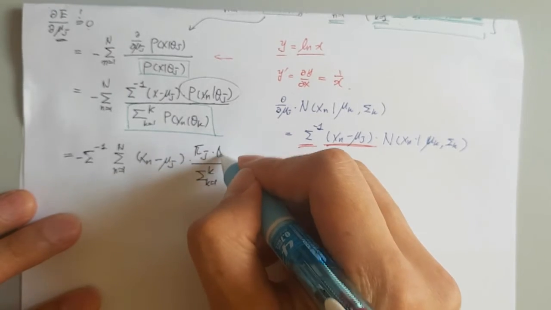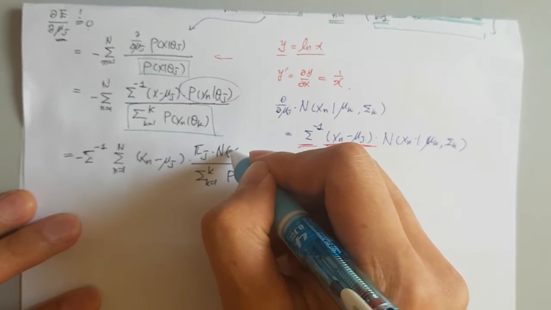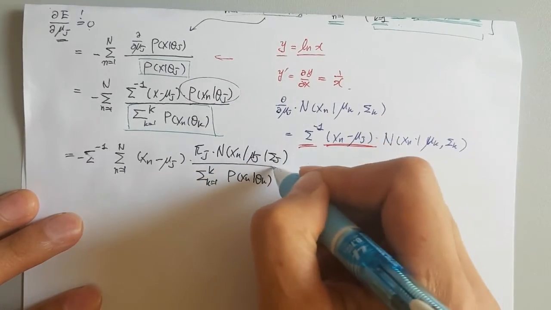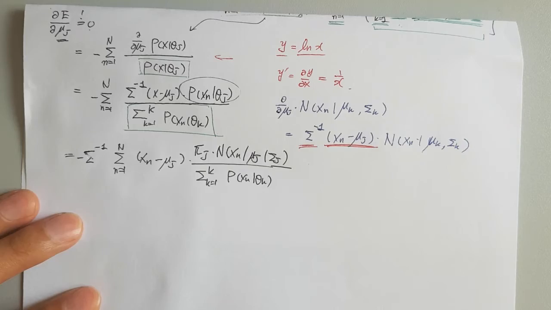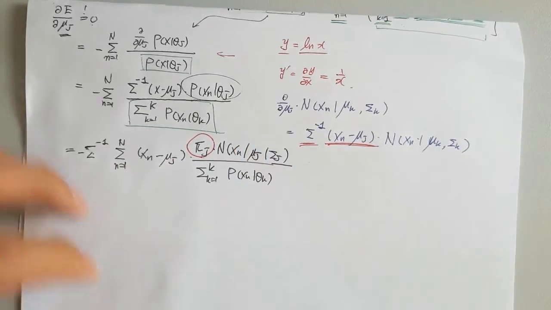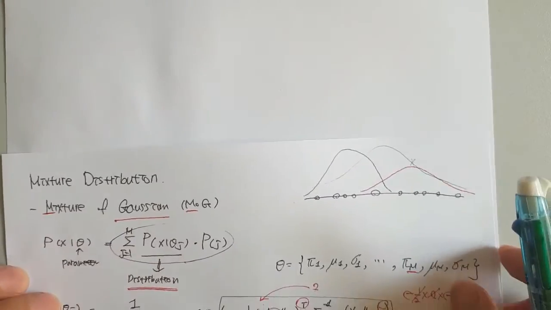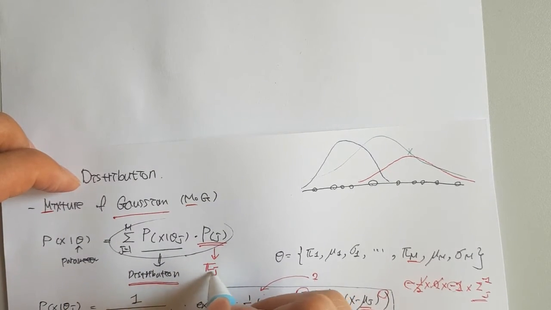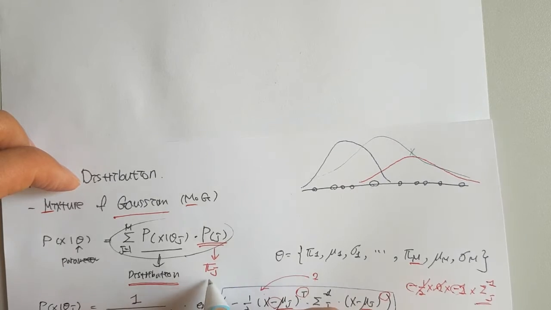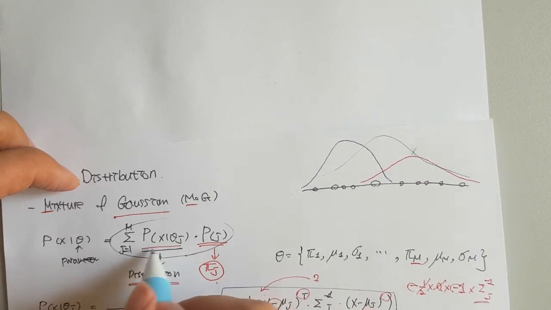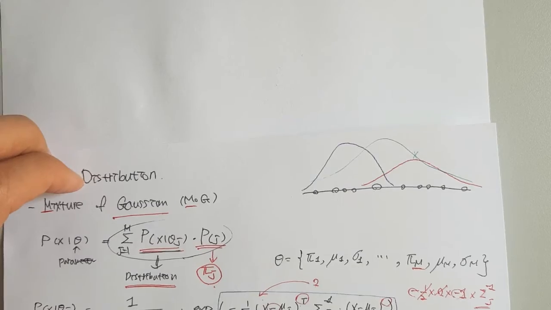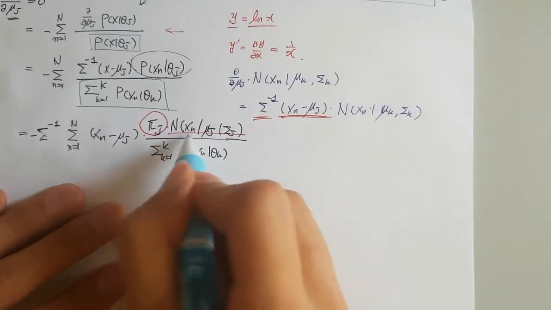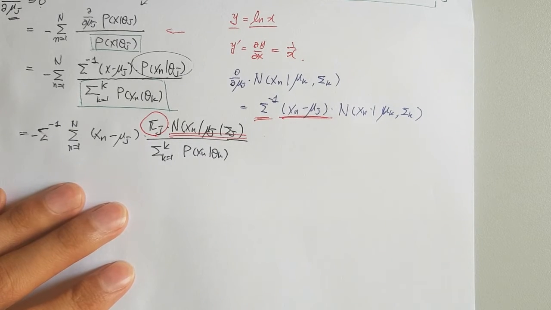Pi j. This pi j comes from this weight. This weight can be represented as weight here, and we write this probability equation here because we assumed it is a Gaussian distribution.